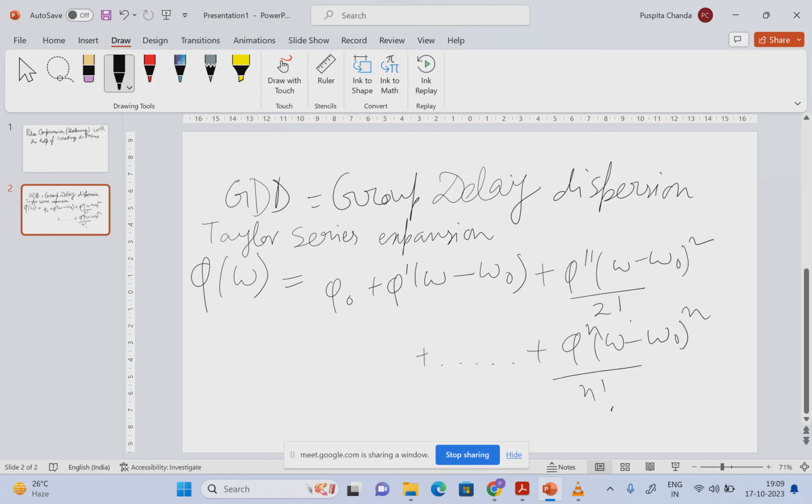Right. So this is actually d phi by d omega. This is called first order dispersion.